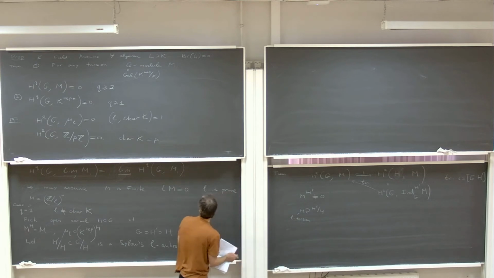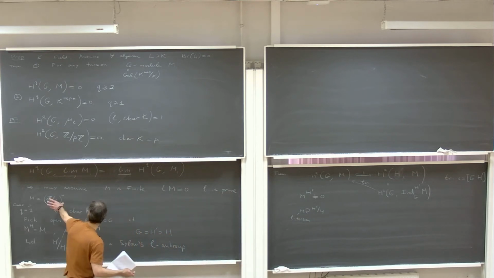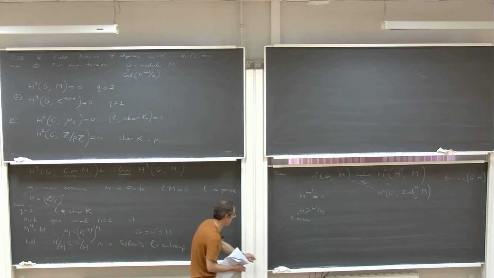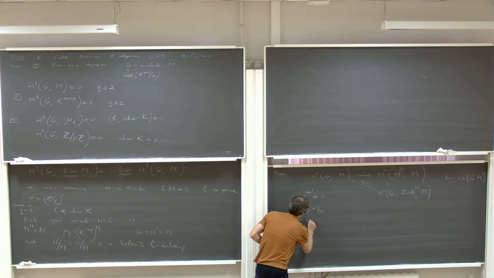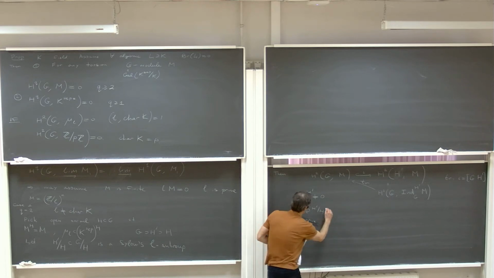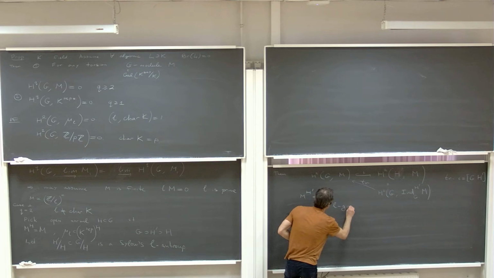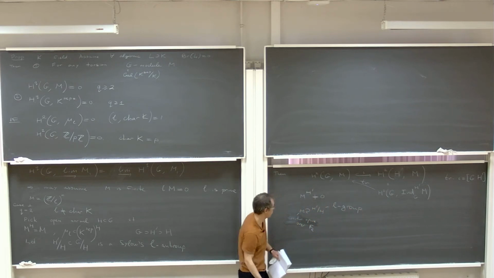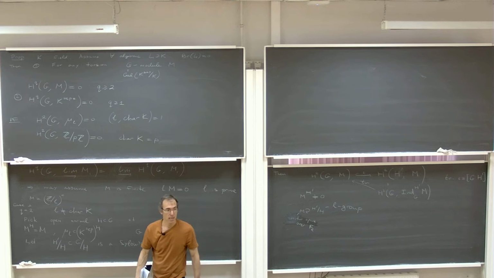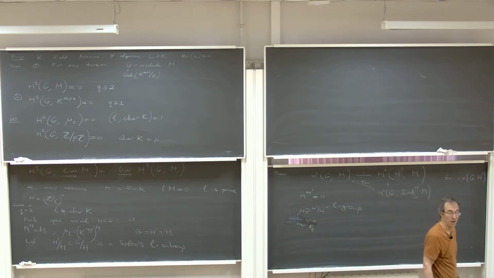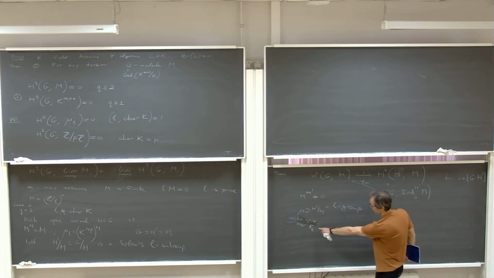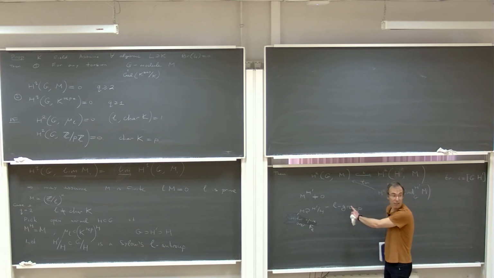So that means that M is a vector space over F_L, and this is a finite L group. I claim that if I have any representation of an L group on a vector space over F_L, then it has a fixed vector.